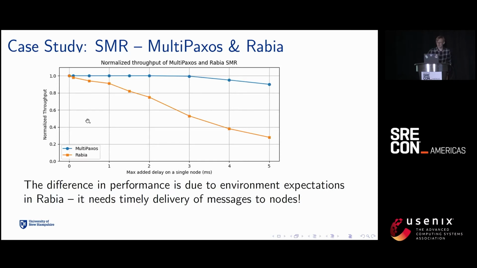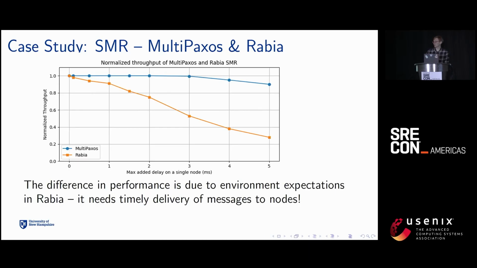We can see that the throughput, normalized to the maximum throughput that a particular algorithm can provide, barely changes in multipaxos. Only when we have a very, very high added delay to a single node, and in this case it was the most important node, the leader node, do we start to see some throughput degradation. Rabia, the other protocol, the academic protocol, on the other hand, fails pretty badly.